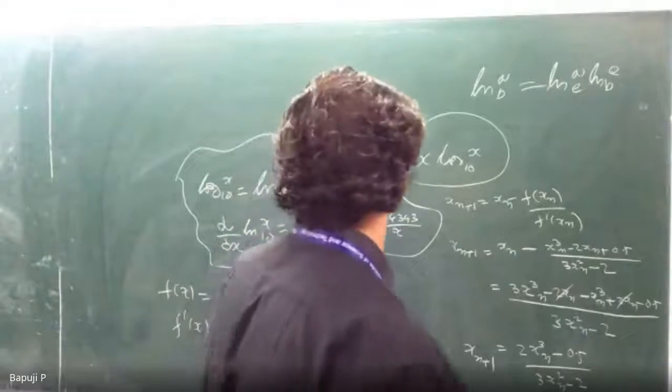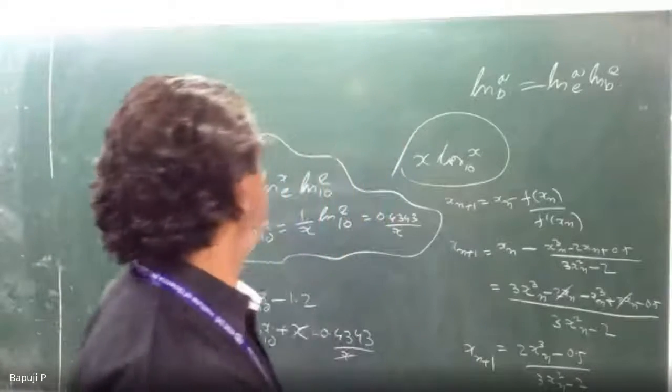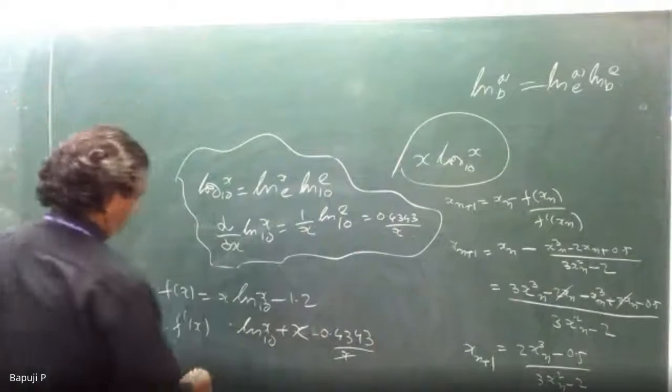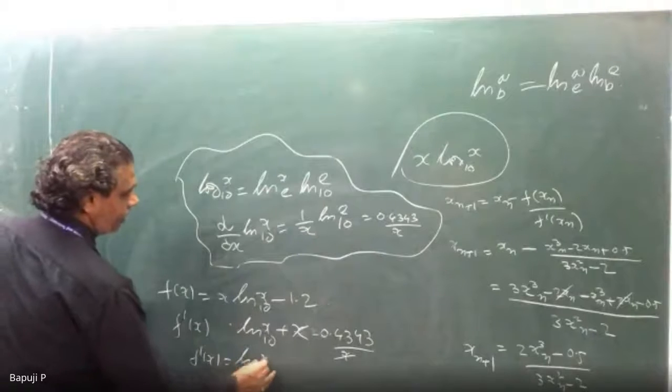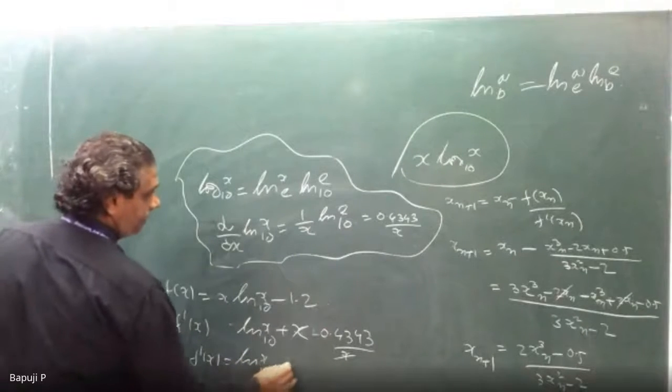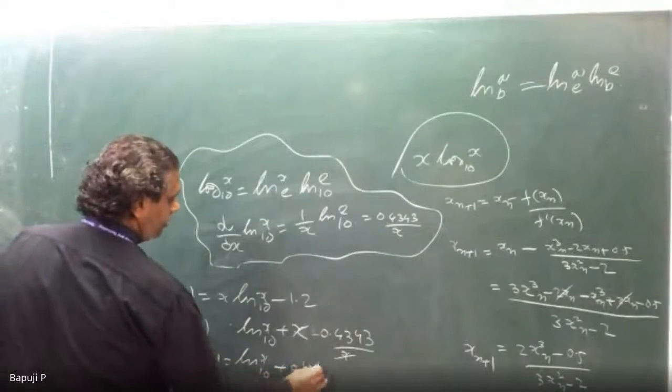Clear? Now my f dash x is what? Log x base 10 plus 0.4343.